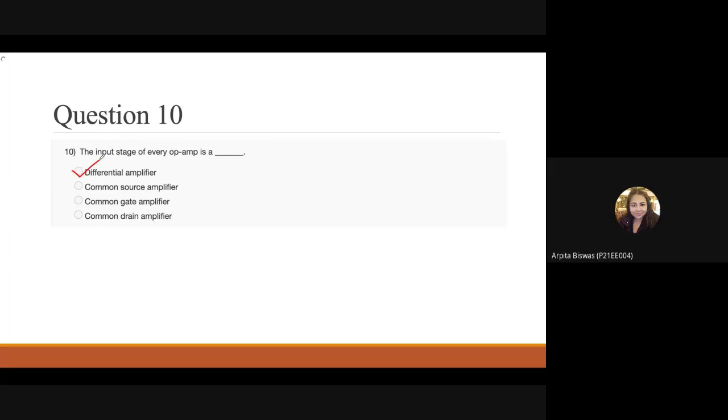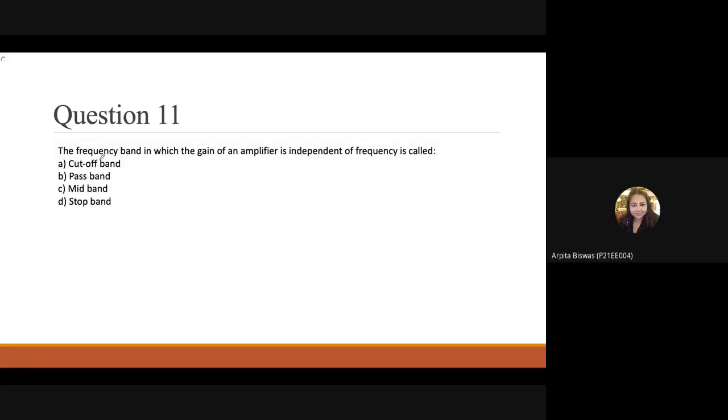Yes, option A. This is question number 11. The frequency band in which the gain of an amplifier is independent of frequency is called cutoff band, pass band, mid band, or stop band. Midband, ma'am. Yes, this is mid band.